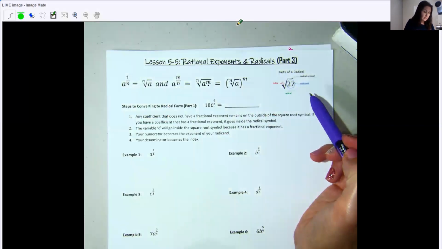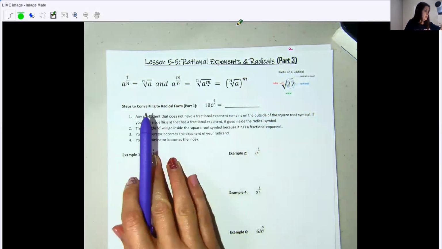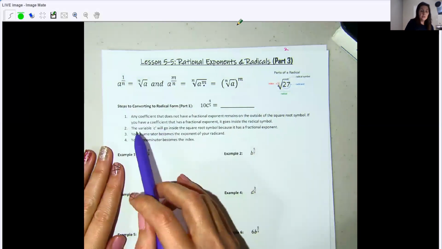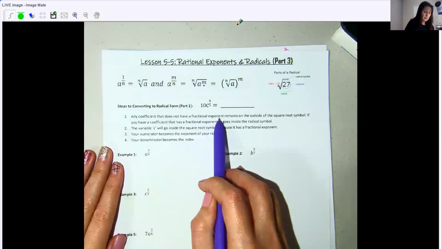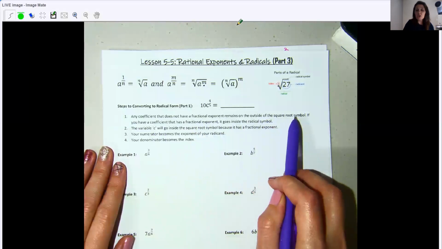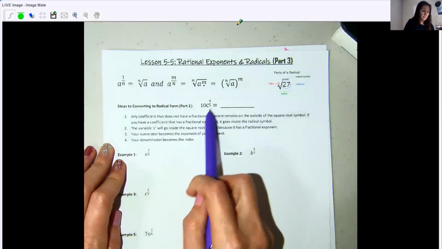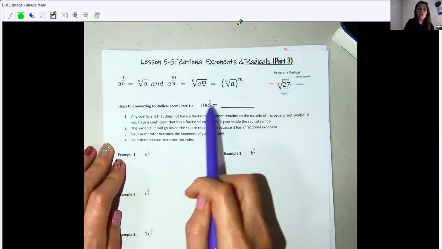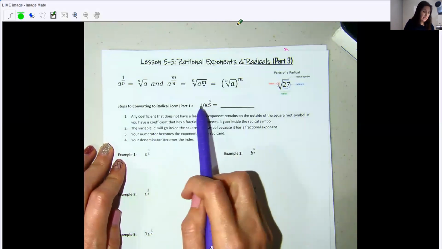And then let's go ahead and look at our very first example, steps to converting to radical form. Okay, so the very first step says any coefficient that does not have a fractional exponent remains on the outside of the square root symbol, and that's any term. So if you look at this first example here, 10 times c to the power of 4/5. 4/5 is only applied to the c, not to the 10.